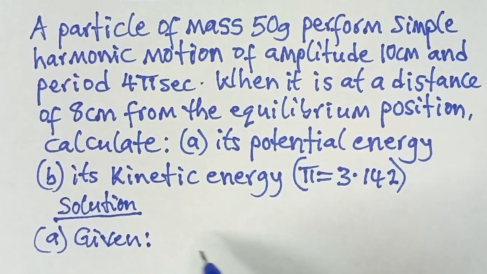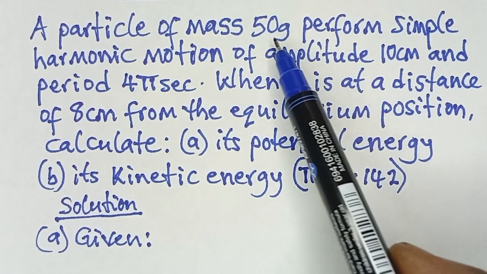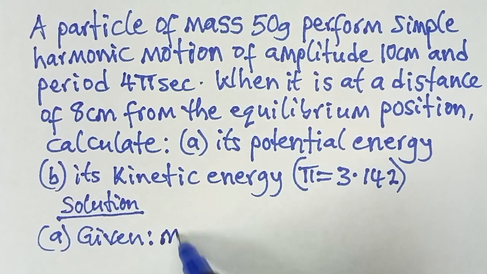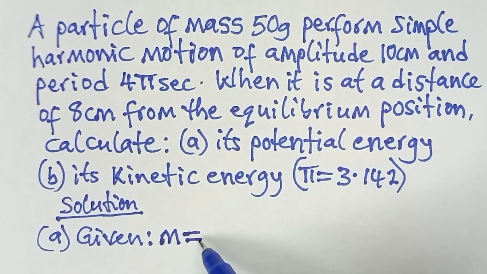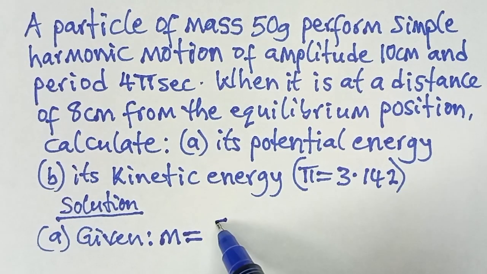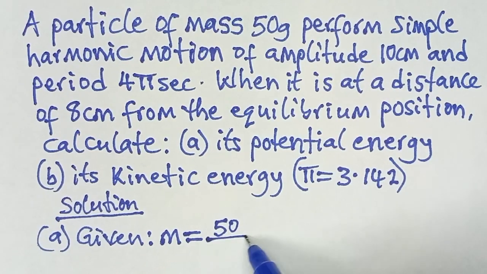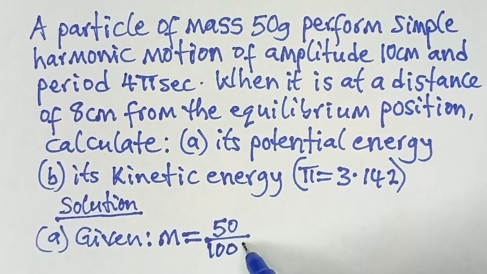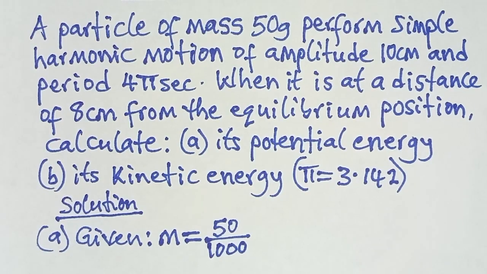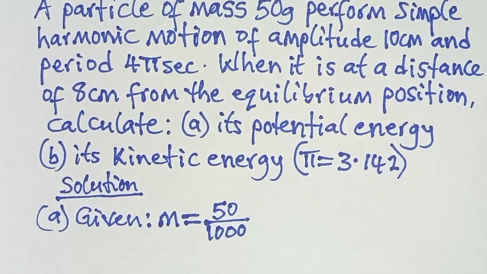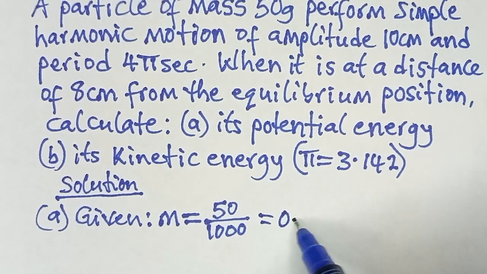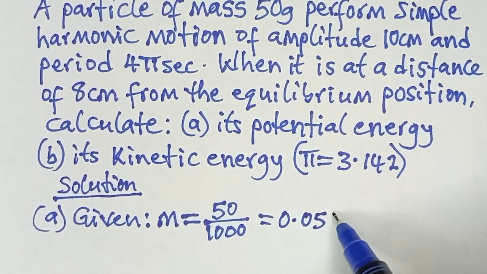Now, we are given the mass as 50 gram, but in physics, we do not use gram as SI unit, we use kilogram. So to convert gram to kilogram, we divide 50 by 1000. And that will give us the value of the mass as 0.05 kilogram.